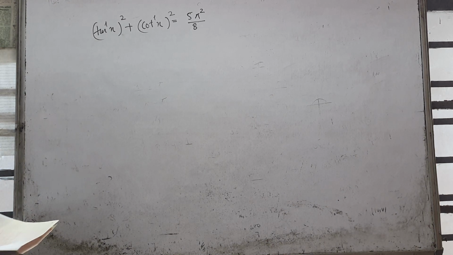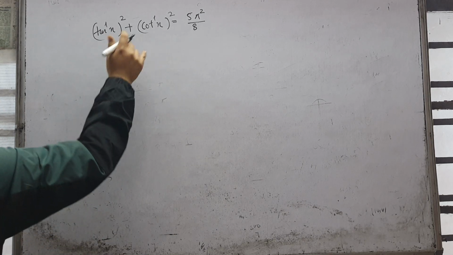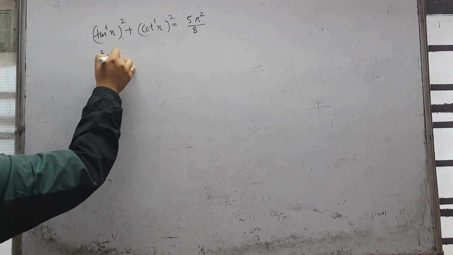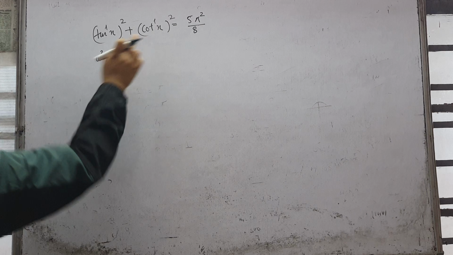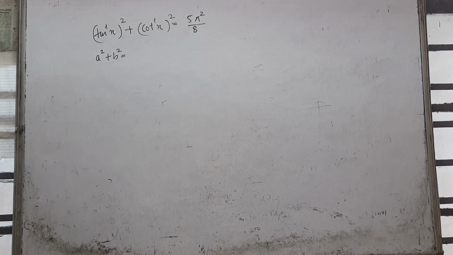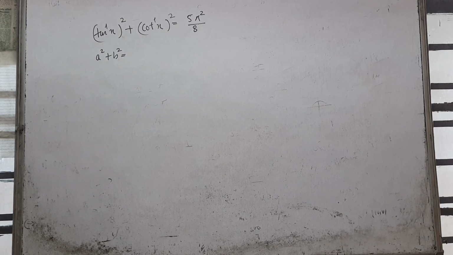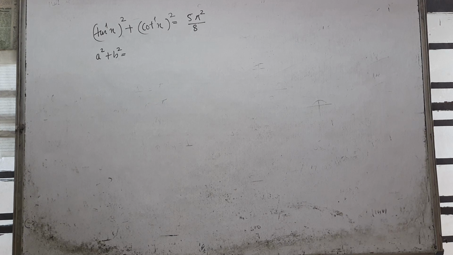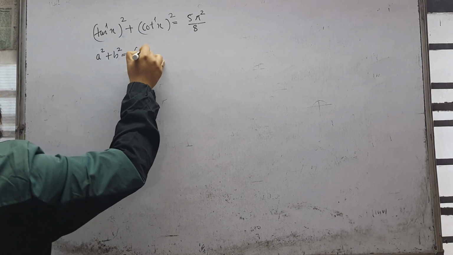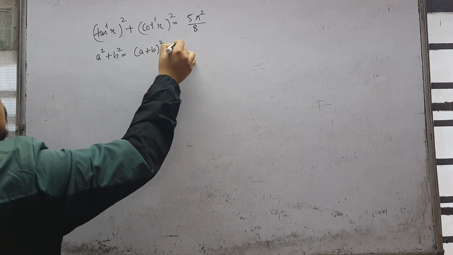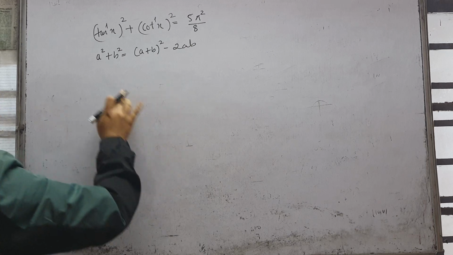So how would you solve this? Look at the board, everyone. This is a square plus b square. Can you tell me the formula for a square plus b square? A plus b whole square minus 2ab. So which one is your a?